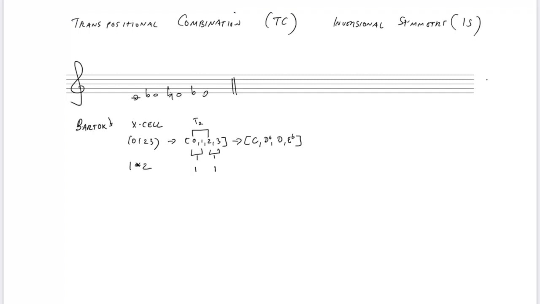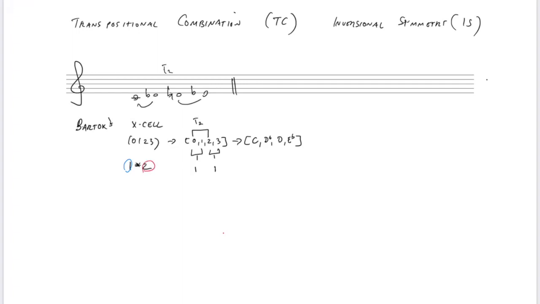The 2 means it's a minor second transposed by T2. And that's all that's happening. So here, this is the minor second, and this right here is transposed by 2.